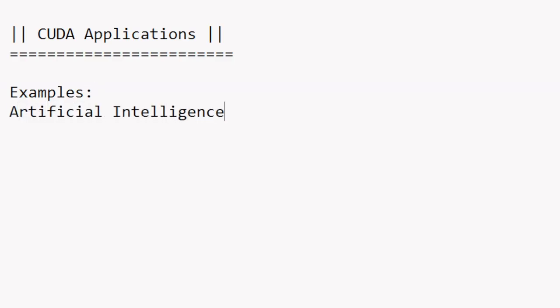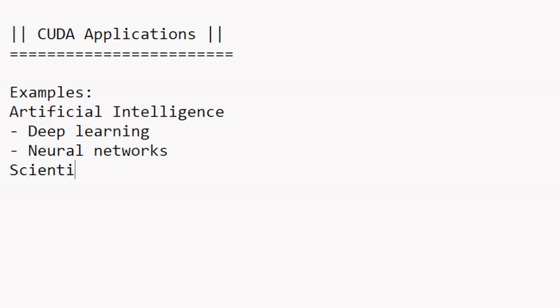Now that we know what CUDA is, let us look at some real-world applications where CUDA is used. One of the biggest areas is artificial intelligence. Modern AI systems, including deep learning and neural networks, require billions of mathematical operations. CUDA allows GPUs to perform these calculations much faster than traditional CPUs.